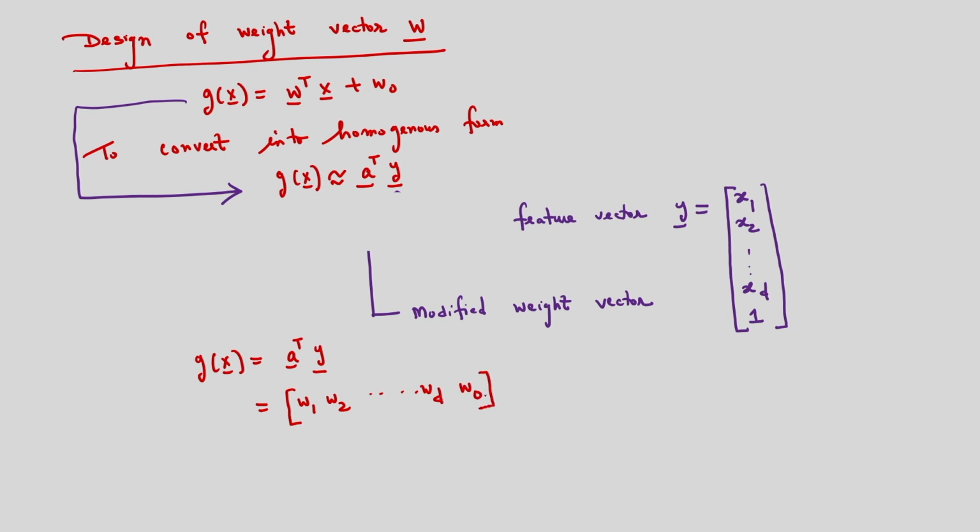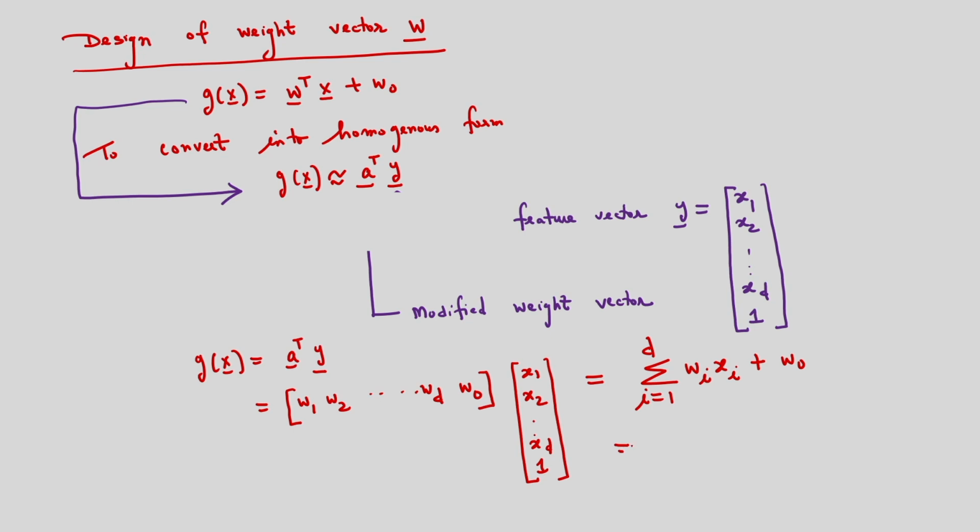After this we are considering the augmented feature vector, x1, x2, up to xd, 1. That is equal to the summation from i equal to 1 to d of wi xi plus w naught.